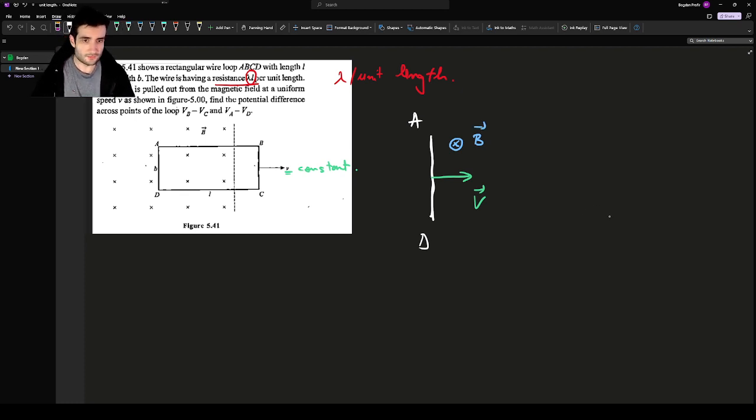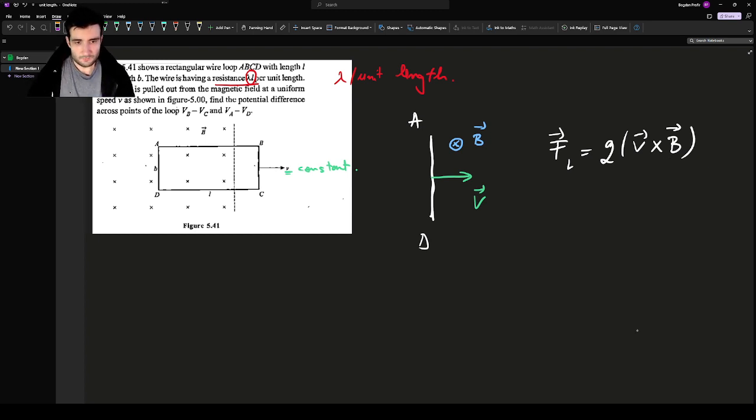As a result, we can find the Lorentz force acting on the positive charges as well as on the electrons. The formula for the Lorentz force is q v cross B, right?